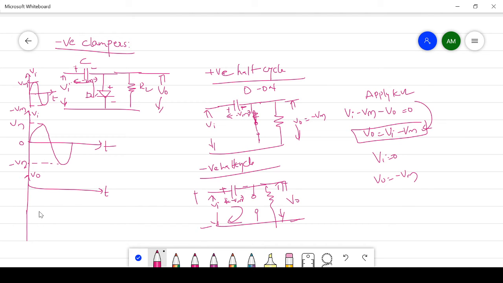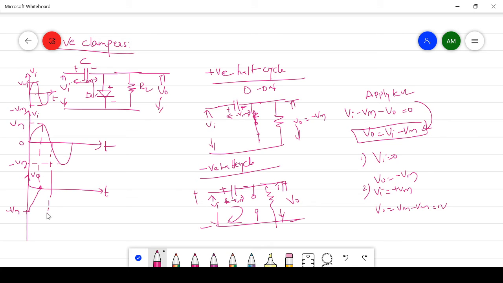So we get minus Vm here. This is the first condition. Next, input voltage Vi is positive Vm, then V0 is equal to Vm minus Vm, so that is 0 volts. So we get 0 volts here.